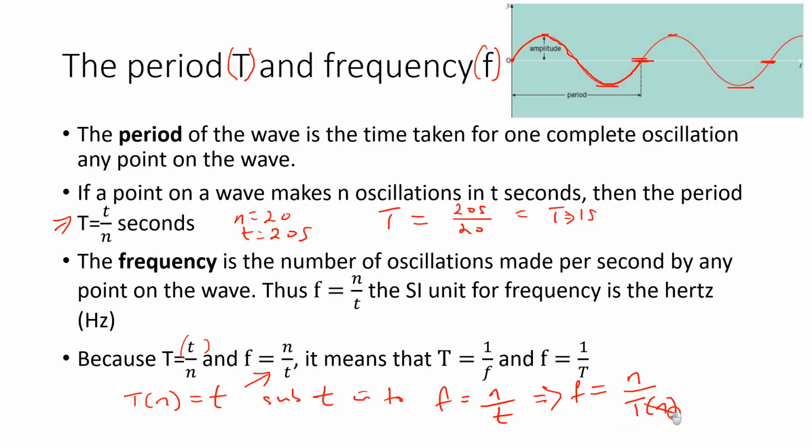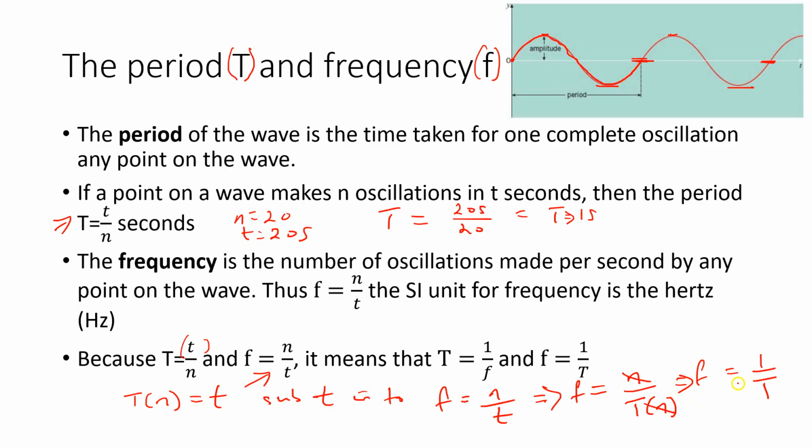Then clearly I can see that n cancels n, leaving me to say that frequency f is equal to 1 divided by T. So having said all of this, now we see the relationship between frequency and period.